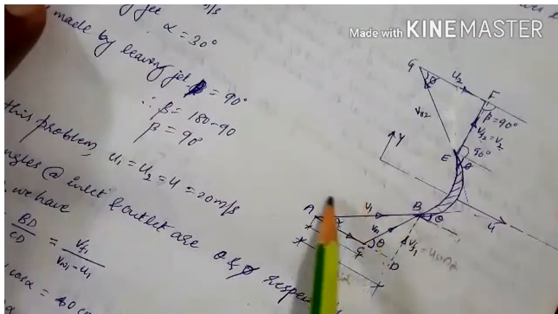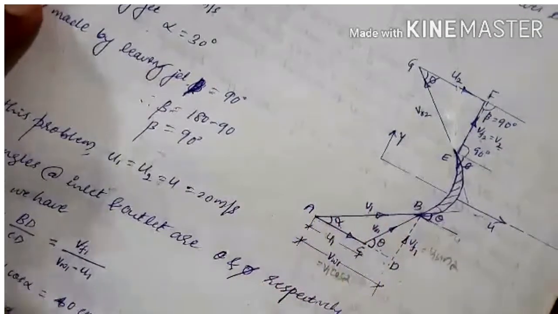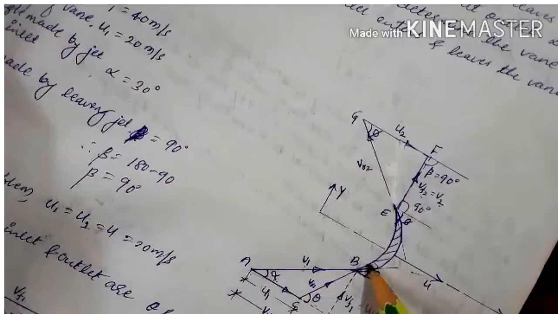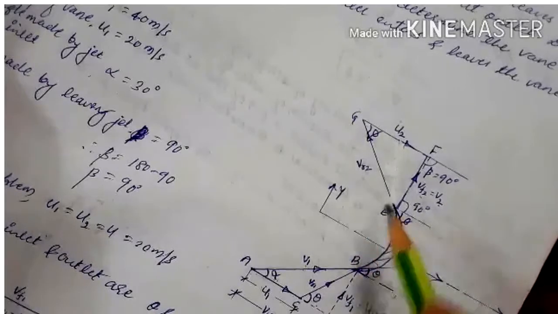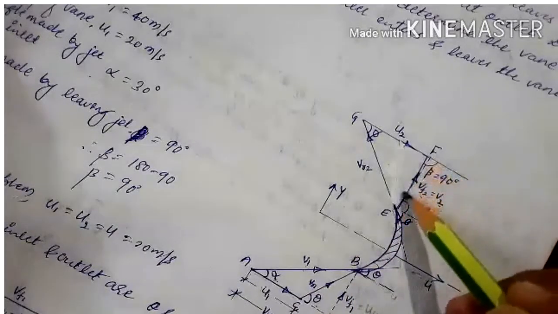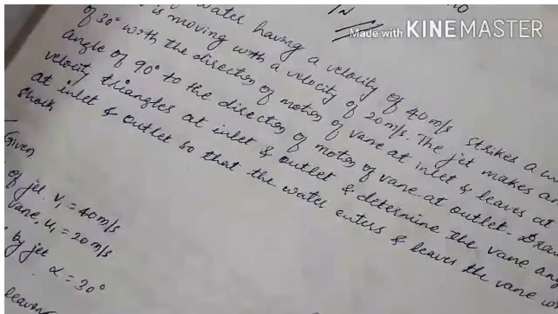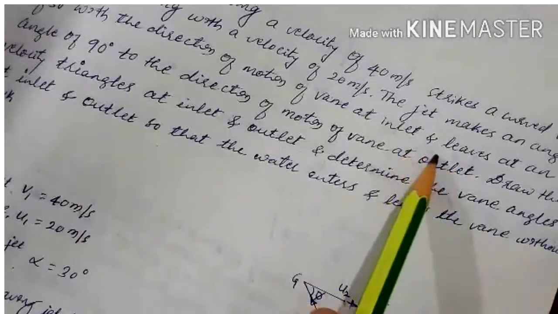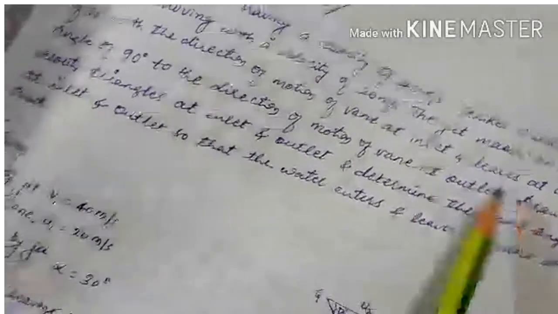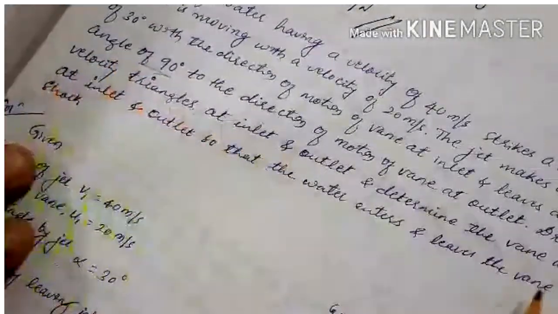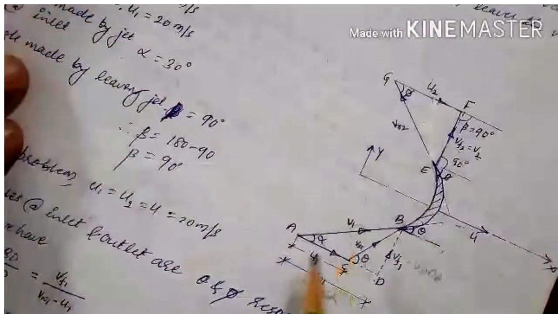First you need to construct this velocity triangle. After that, the jet enters the vane passage like this, glides over the surface, and leaves by making an angle of 90 degrees. It has been given in the problem. Look at the way the jet leaves at an angle of 90 degrees.